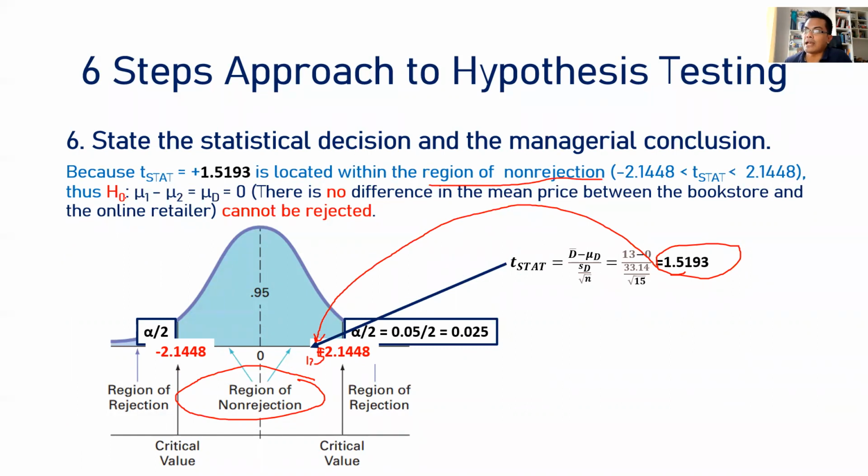Thus, the null hypothesis, which states that the mean difference between the online store and the physical store is pretty much similar, cannot be rejected, or can be accepted. So that's it.